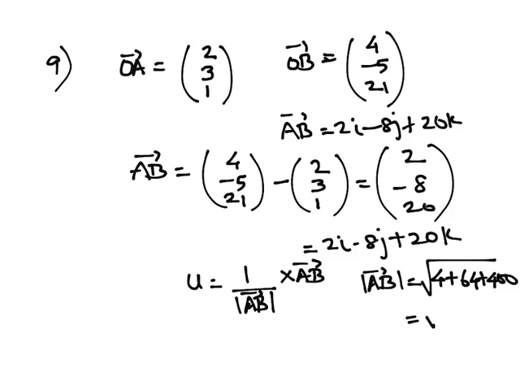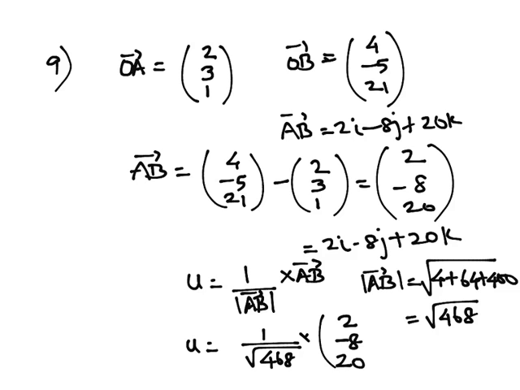So you get square root of 468. So the answer is u is equal to 1 by square root of 468 multiplied with 2, minus 8 and 20. So this is the answer. You can simplify it further, of course. You can find the square root of 468 or you can leave it there.